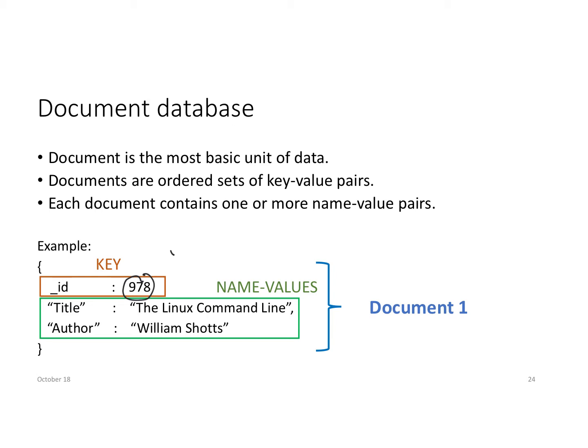For example here we have title and author; the key is 978 and the title and author are the names and values for the key 978. So title here, in key-value or column family and so on, we call title a key. But in a document database, this is the name for the values. So this is the name and these are the values.